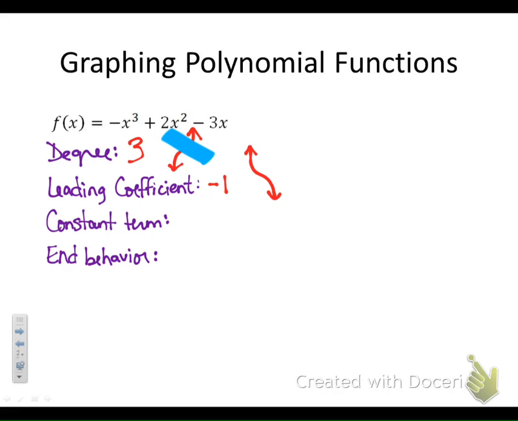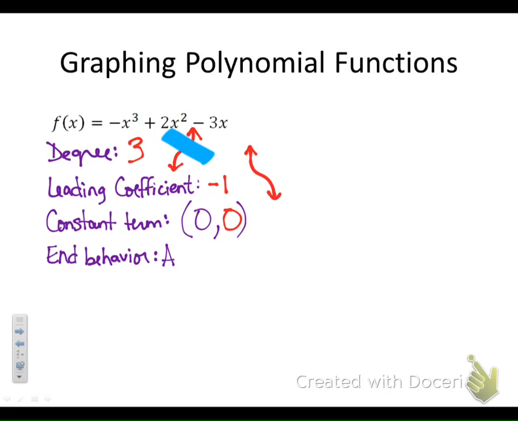The constant term will help me figure out what my y-intercept is. Do I have a constant term? Again, I don't have a number without a variable. If you plugged in 0 into this function, you would still get 0 as the output. So the y-intercept, 0, 0.